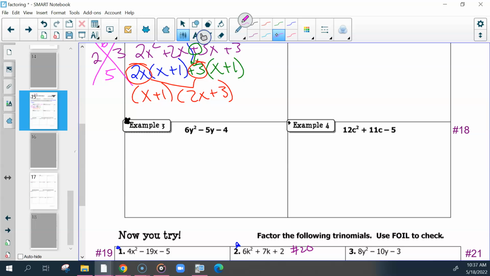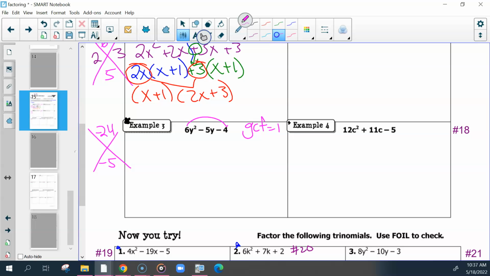Does that have a DCF? 1. So we know it's 1, but that wouldn't change anything. So then we're going to multiply 6 and negative 4. So we're looking for two numbers that multiply to be negative 24, but add to be negative 5.